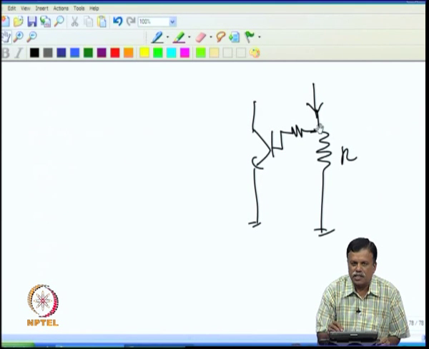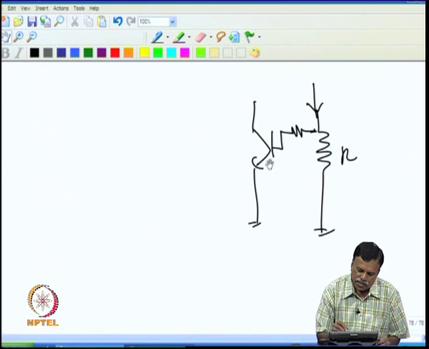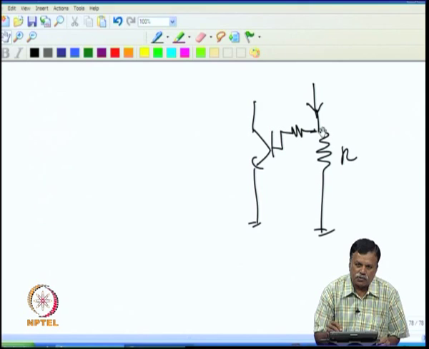So, when the voltage at this point is more than 0.6, then this will be on. But if the temperature goes up, then the required base emitter voltage decreases by 2.2 millivolt per degree C. That means at higher temperature you need only less voltage. That means at lower voltage only it will be switched on. For example, at 100 degree it will switch on at roughly around 0.4 volt itself.